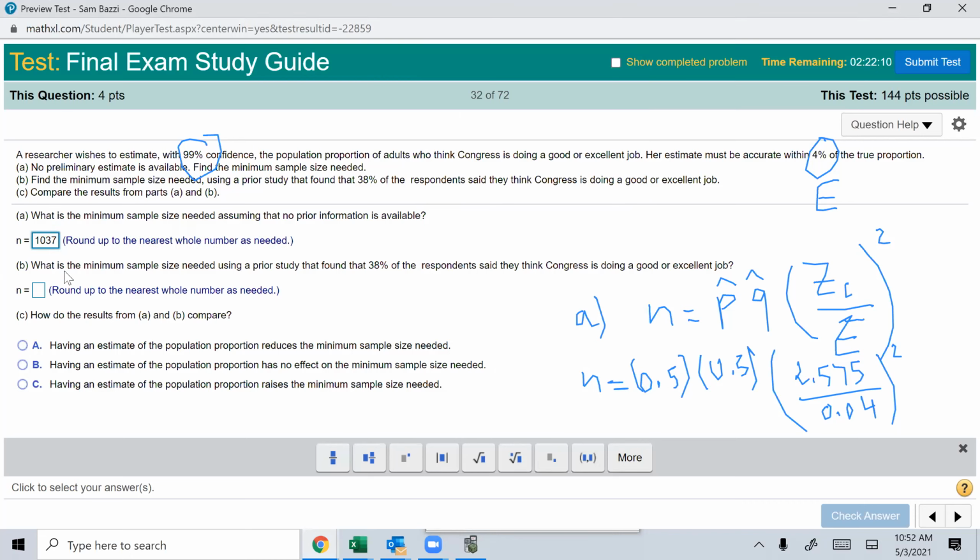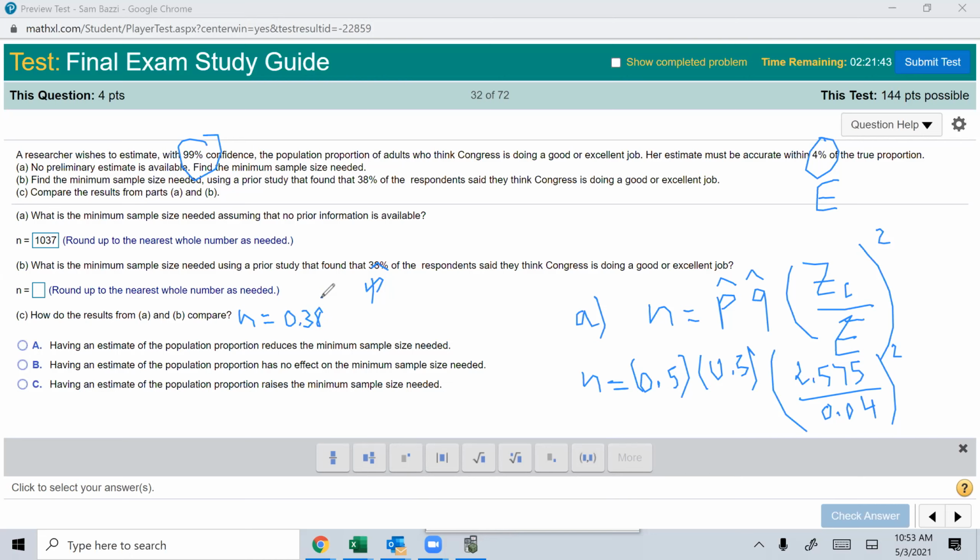For part B, what's the minimum sample size needed using a prior study that found that 38%? So he gave you P hat for this part. We have prior knowledge of P hat. P hat is 38%. So the formula for B, guys, is n equals 0.38. I'm not going to put 0.5, 0.5 because we know P hat.